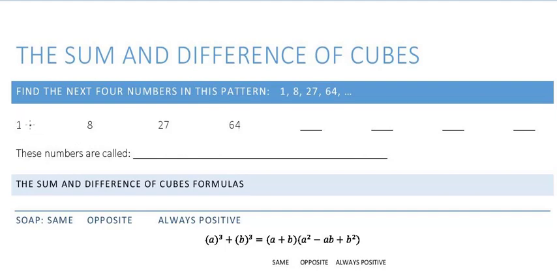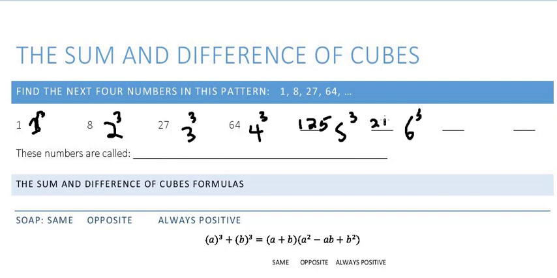So 1 cubed is going to come out 1. 2 cubed is 8. 3 cubed is 27. 4 cubed is 64. So we're going to keep going here. 5 cubed is going to be 125. 6 cubed is going to be 216. 7 cubed is going to be 343.